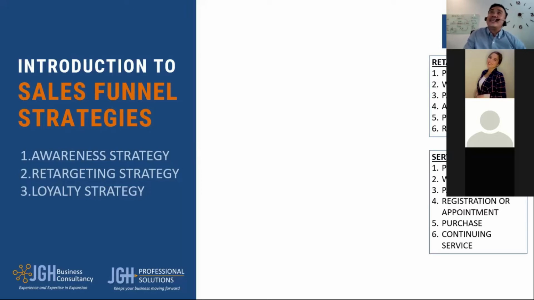Out of that 20,000 reach in your ads, 100 lang yung nag-purchase. So if you don't have a sales funnel strategy, you will target another set of 20,000, then 100 purchases. You will target another 20,000 for another 100. 20, 100, 20, 100. That's the normal activity of advertisers if we don't have a sales funnel.